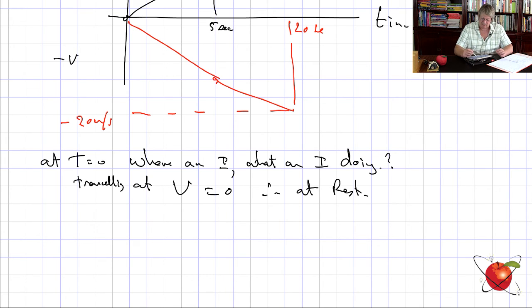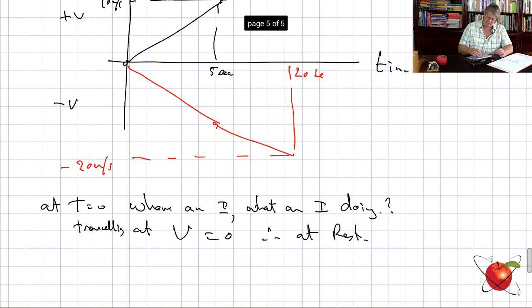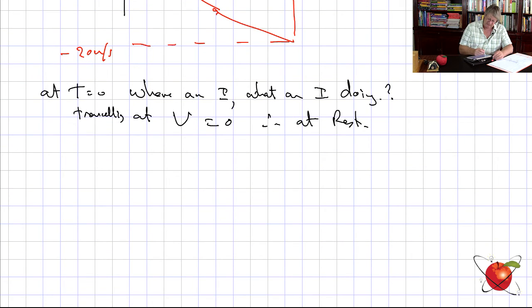Okay? See what I did? I went to the graph and said, what am I doing? Let's have a look at the next one. I'm here now. After 5 seconds, I'm traveling at 10. Therefore, at t equals 5, v equals 10. Therefore, what has happened?